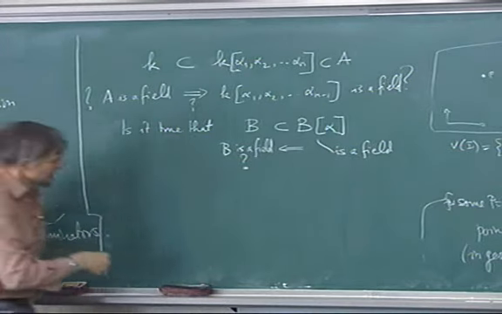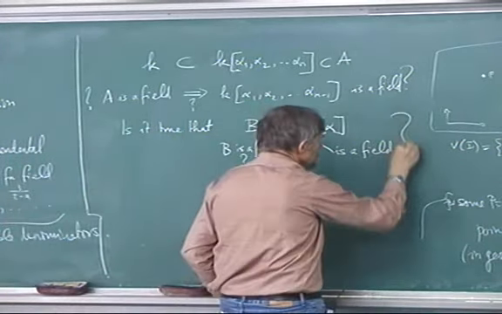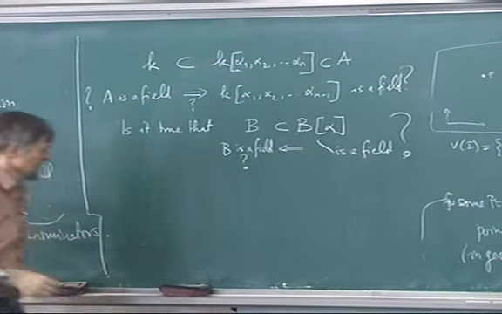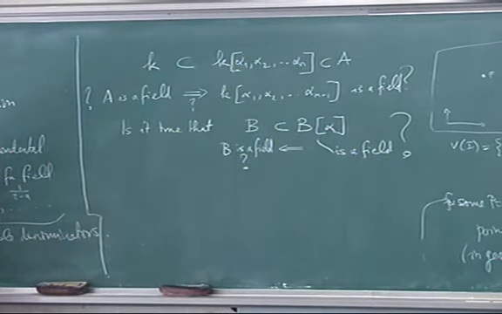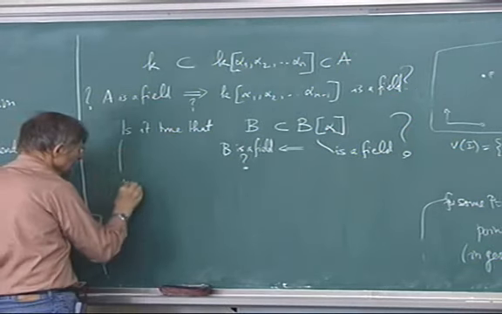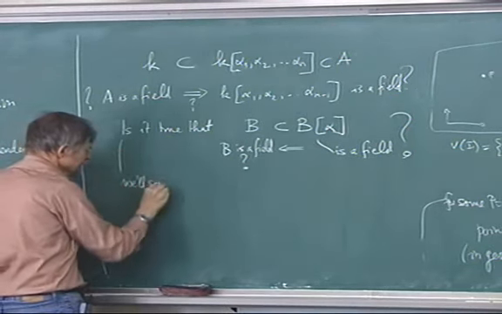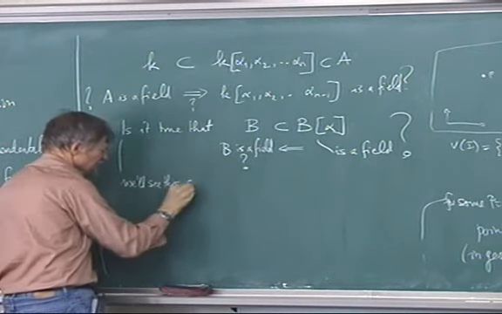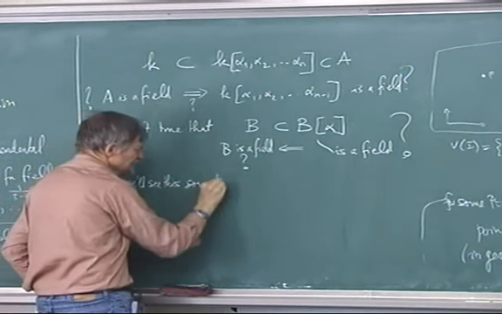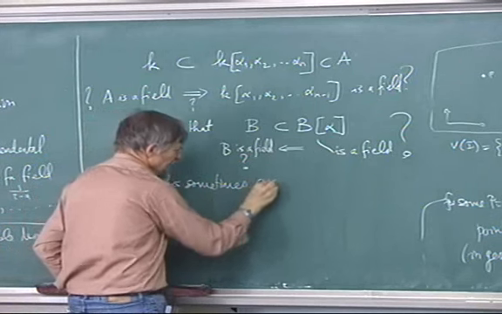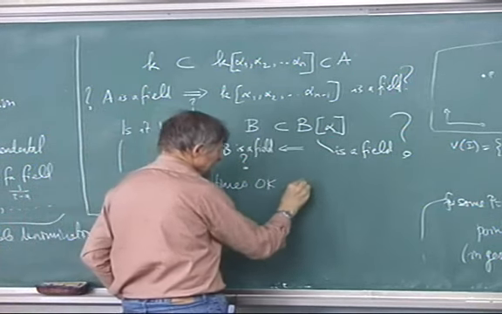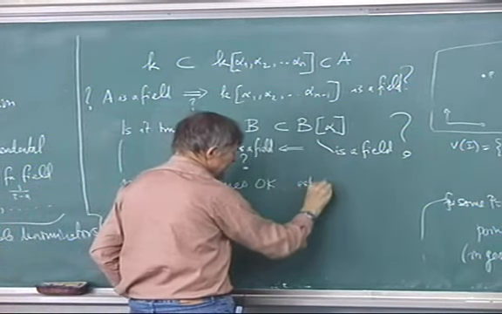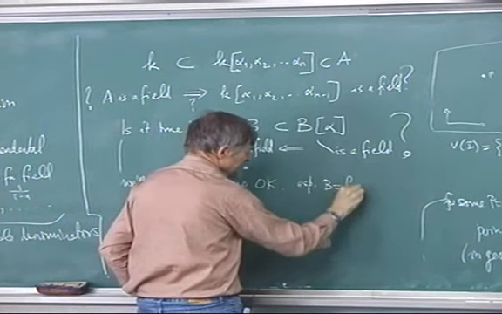So is this going to work? Well, I wouldn't be asking it if it were obviously true, so you should suspect that something's happening. So we'll see. This is sometimes okay, especially when B is finitely generated over a field.